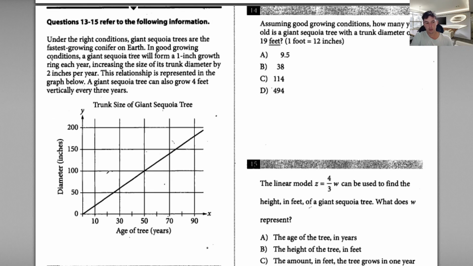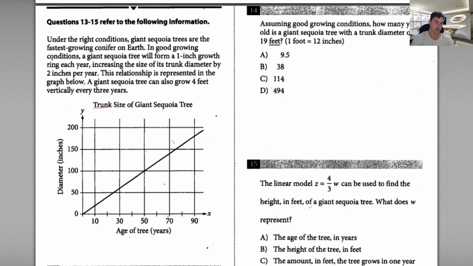Okay, you remember the first question when I talked about graphs? I read the intro just because they might say something, but just understanding the graph gives me a lot of extra room to be more confident in the question. So, trunk size of giant sequoia tree.